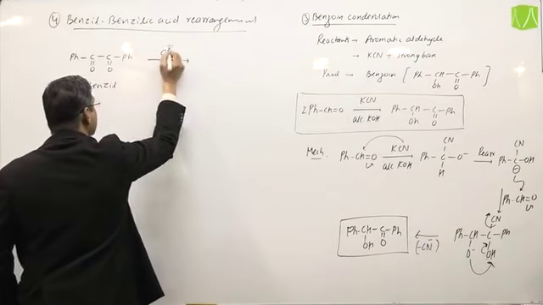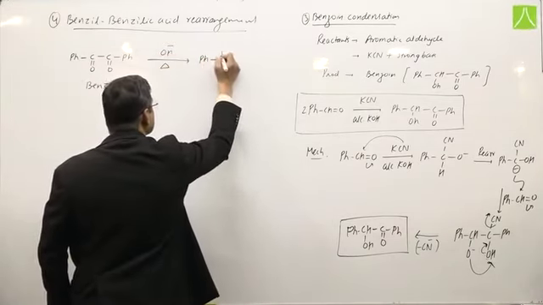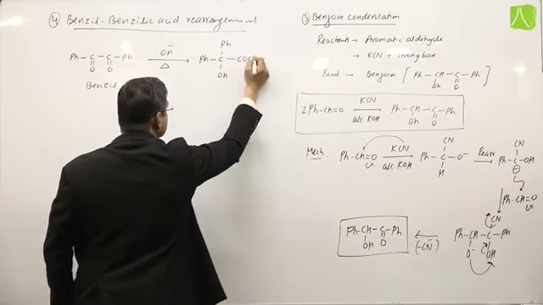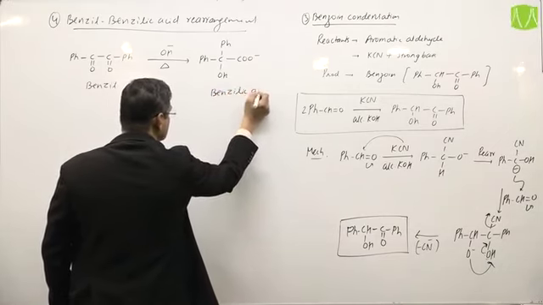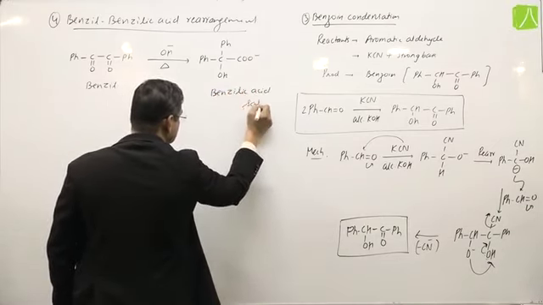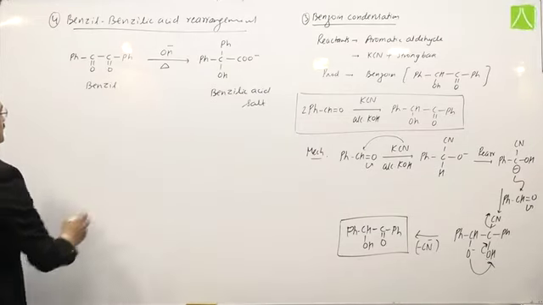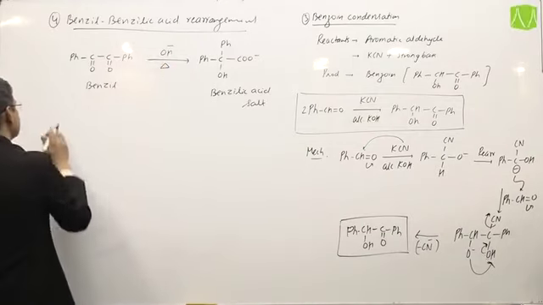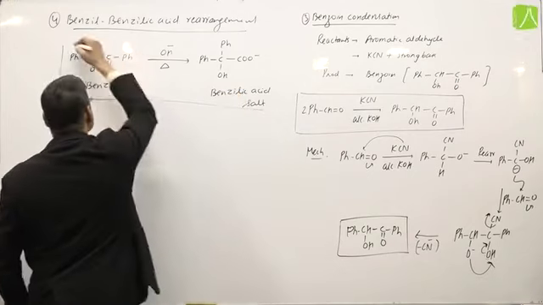In basic medium on heating gives benzilic acid. This rearrangement is known as benzilic acid rearrangement. It is possible in benzil type of compounds in strong basic medium. So mechanism is this. This is the general reaction.